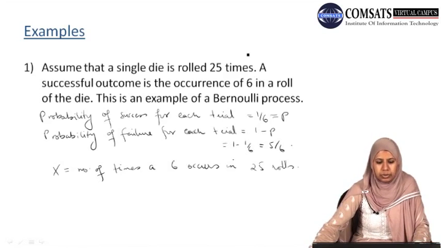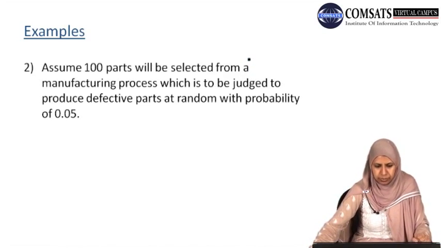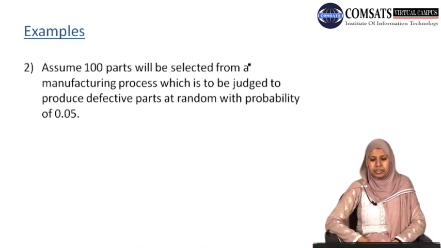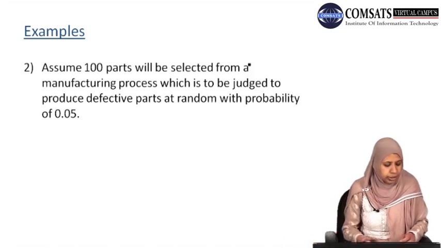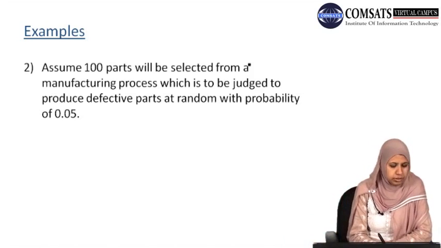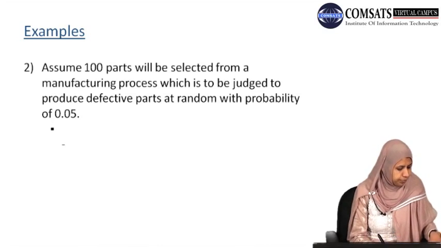Let us consider one more example similar to this one. We assume that 100 parts will be selected from a manufacturing process which is judged to produce defective parts at random with probability 0.05.